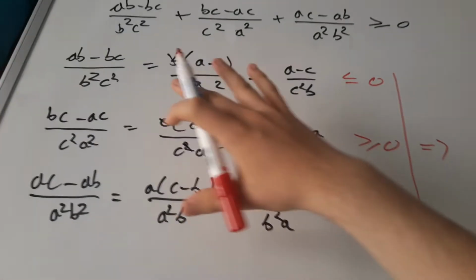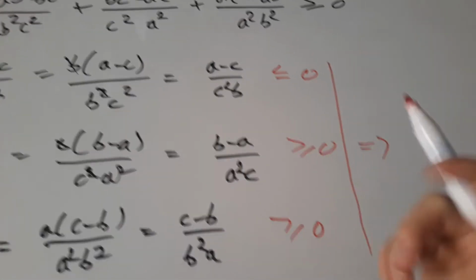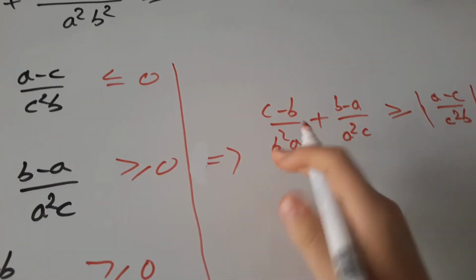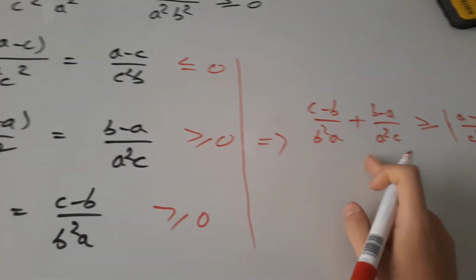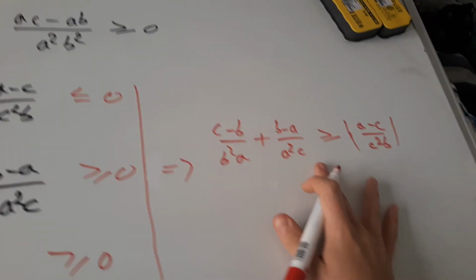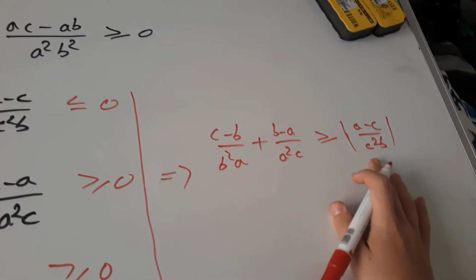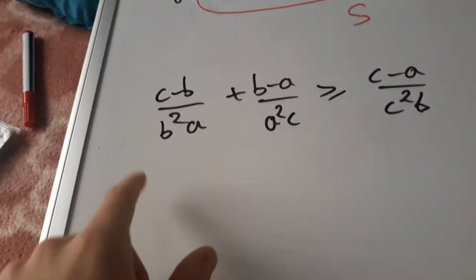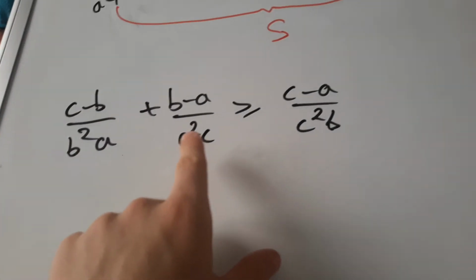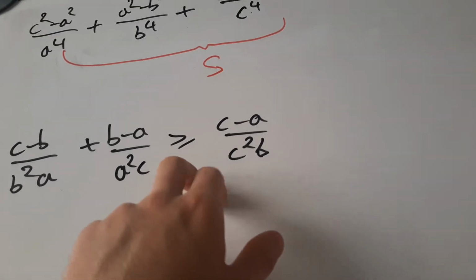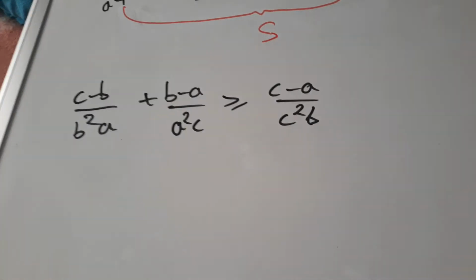Now if we want this sum to be greater than 0, we will check that (c minus b) over b squared a plus (b minus a) over a squared c is greater than or equal to the absolute value of a minus c all over c squared b. It follows that c minus b over this plus b minus a over this will be greater than or equal to c minus a over this, if we want it to be true.